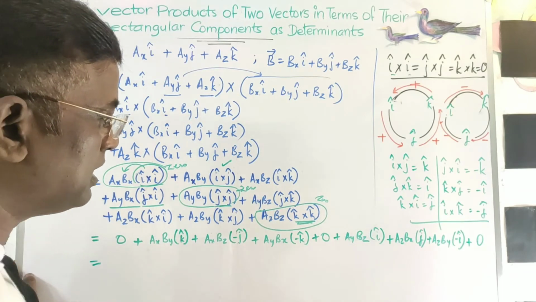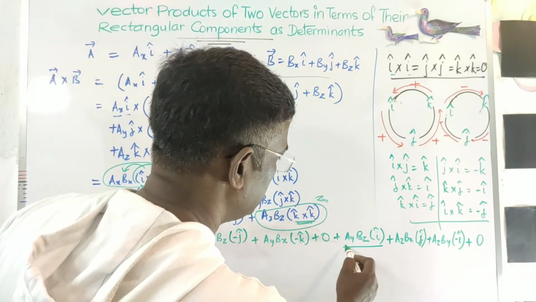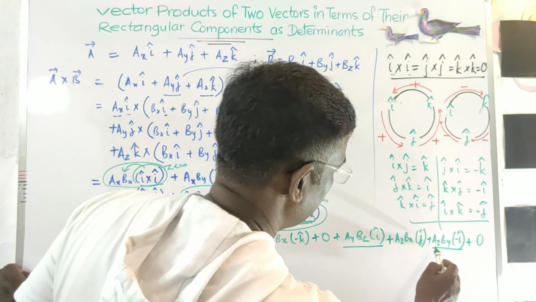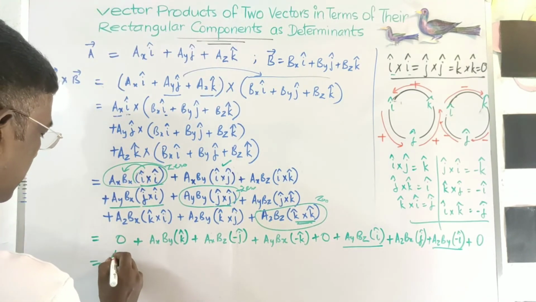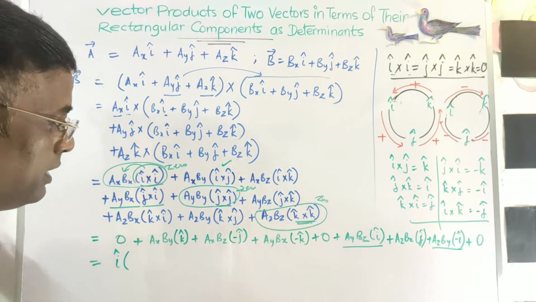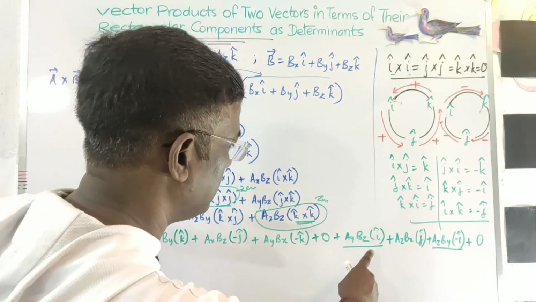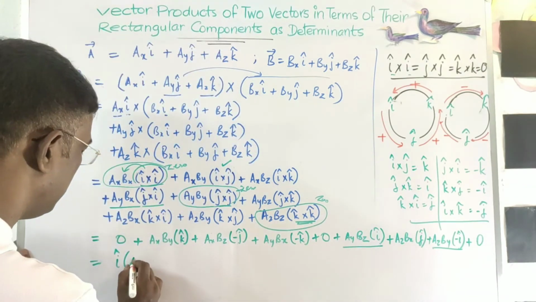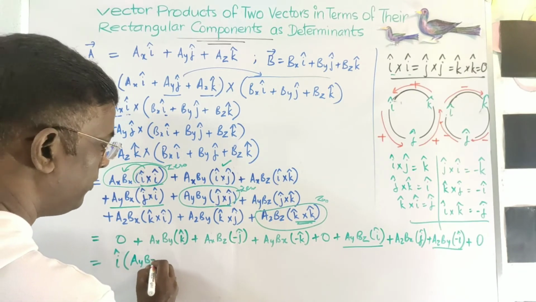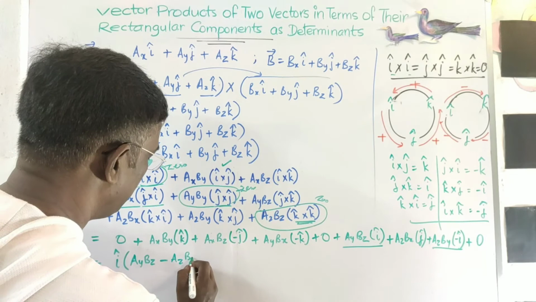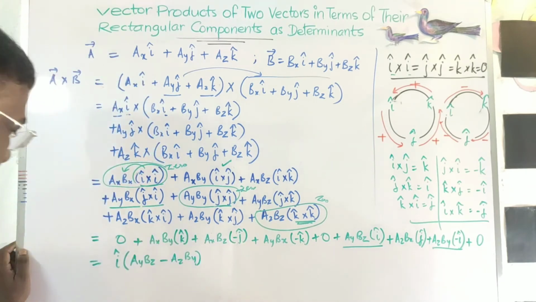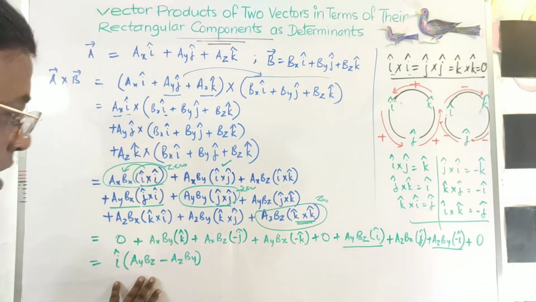Now I will separate the i term first. I will take i common here. Then I get, if I take i common, ay bz minus az by. Have it clear?